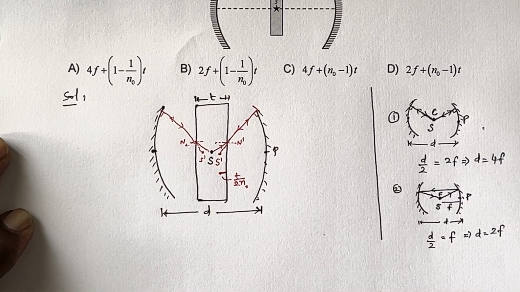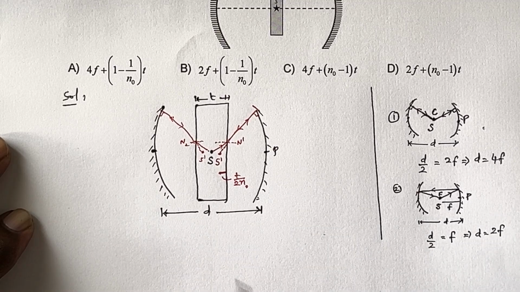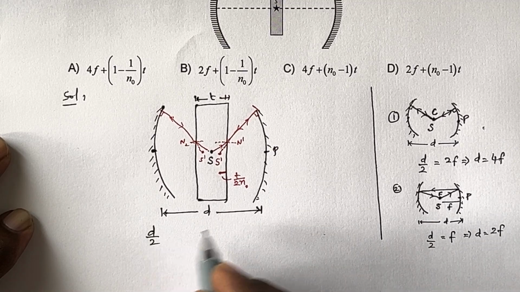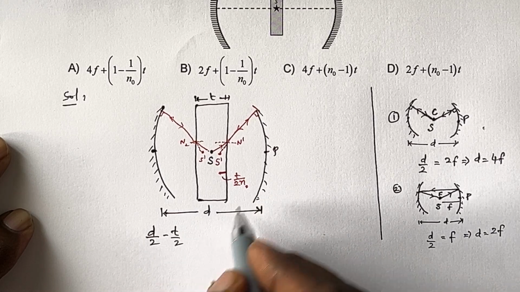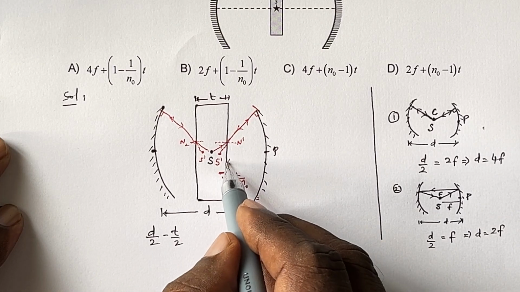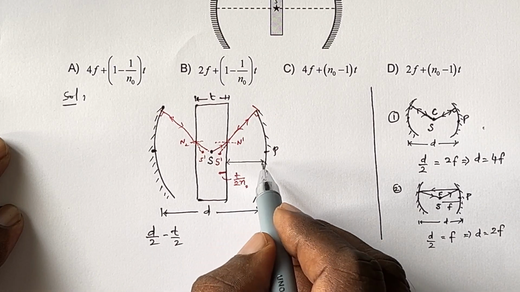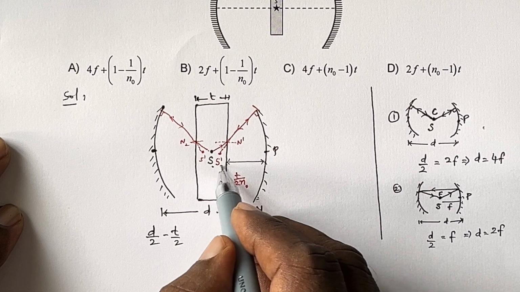So here this is the d by 2 distance minus t by 2. This is t by 2 distance.